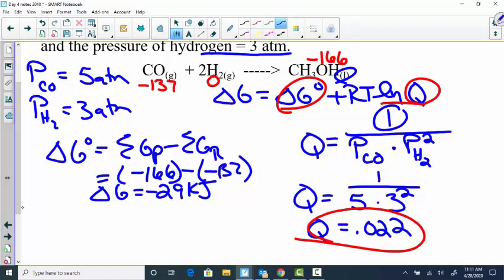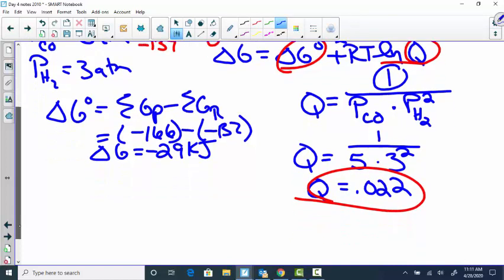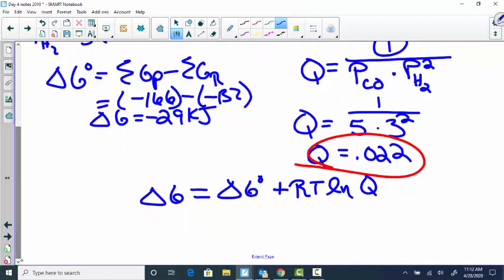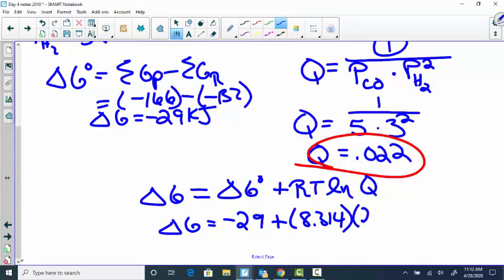So now, you've got your Q calculated. The longest part of this problem is calculating everything that you need just to actually do the equation. So my equation is delta G equals delta G0 plus RT times the natural log of Q. Plugging everything in, delta G equals minus 29 plus 8.314 times 298 times the natural log of 0.022.